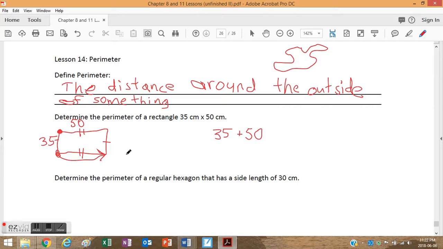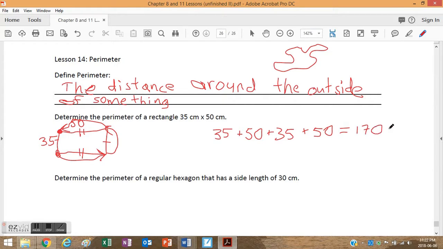Then we come up to here. That's another 35. And then we make our way over to this side here, which is finally another 50. And we add those all up, and we end up with a grand, whopping total of 170 centimeters.